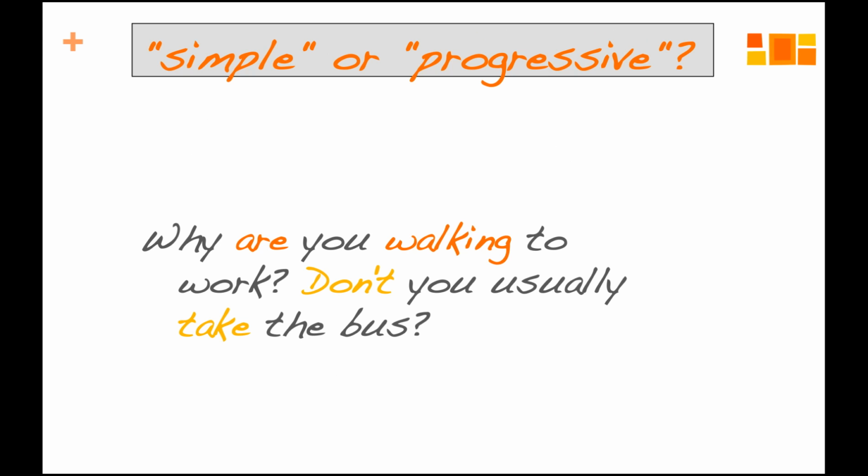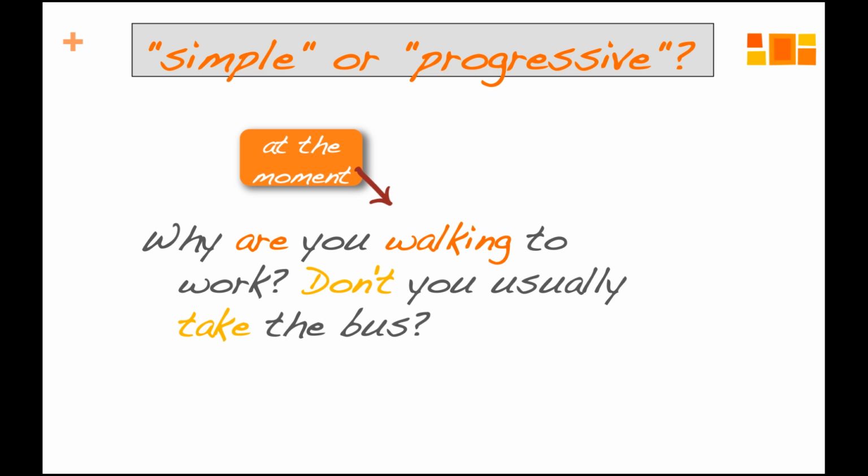Why are you walking to work? Don't you usually take the bus? Now this is a direct speech. You see somebody and you ask that person, why are you walking to work? So obviously that person is doing it at the moment, right now. Okay, he's in the middle of walking to work. A clear case for the present progressive.